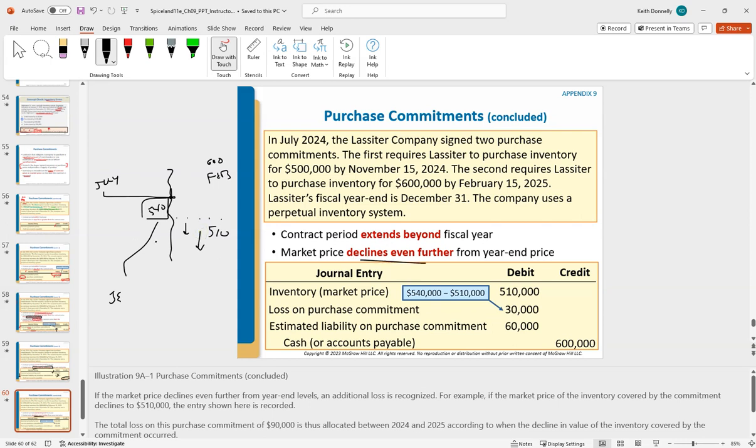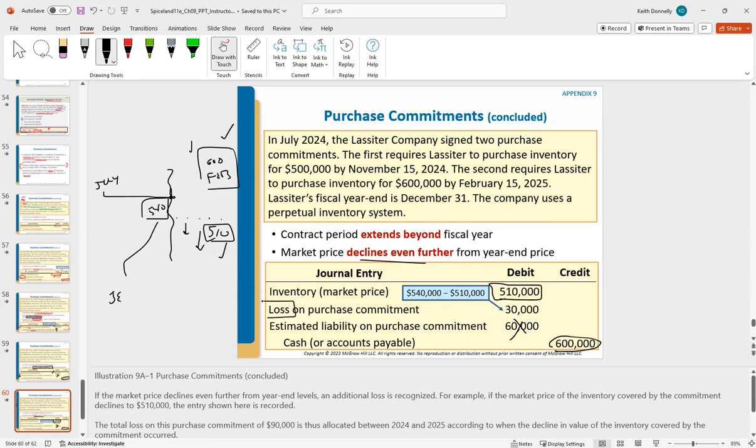So what we got to do here is, on the strike date, we're going to credit cash for 600. That's what we agreed to pay. Get rid of that estimated liability, that $60,000 we teed up. We're going to debit inventory for the 510, essentially the lower of those two.